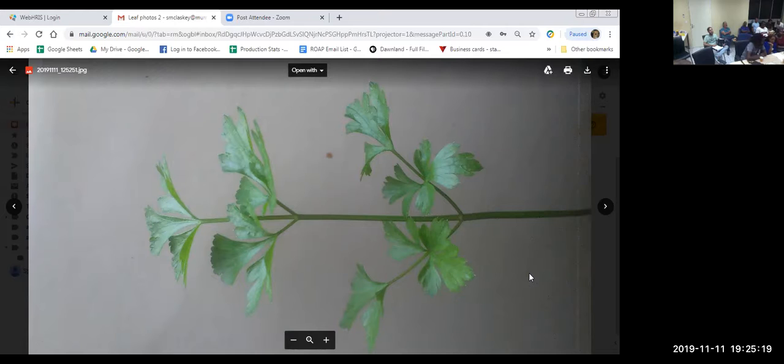Compound leaves? That's right. Odd compound? Yes. Odd pinnate. This is an interesting one because it's doubly pinnate, almost triply pinnate.